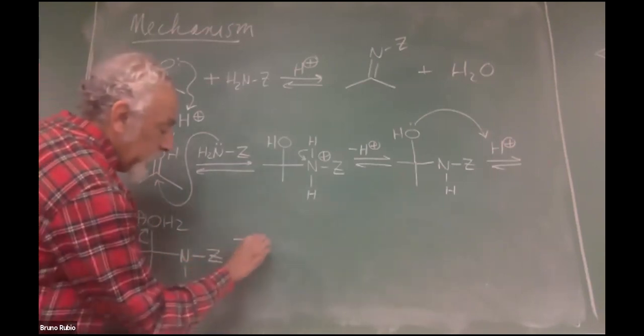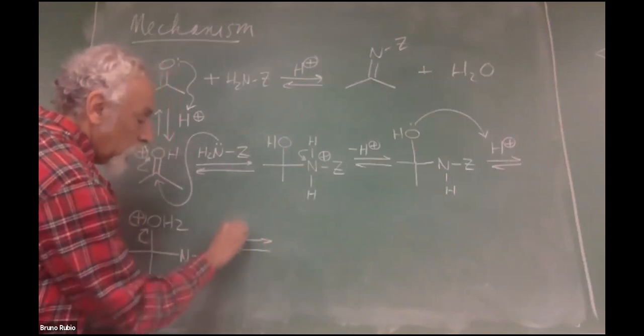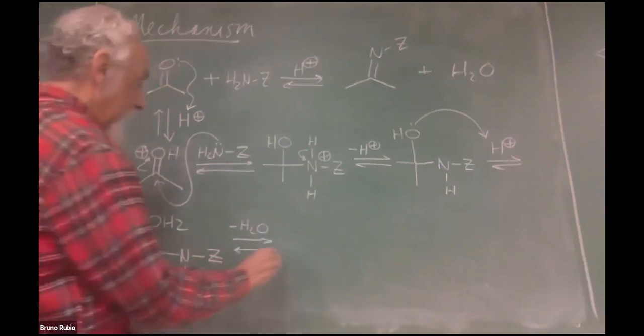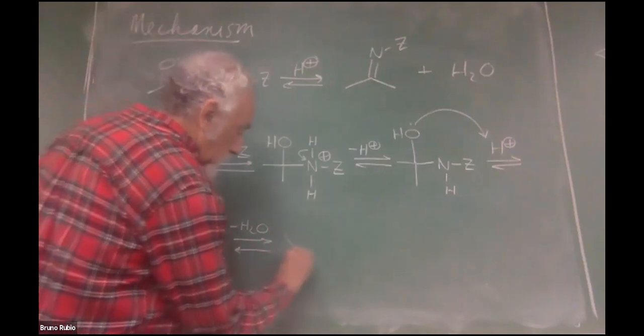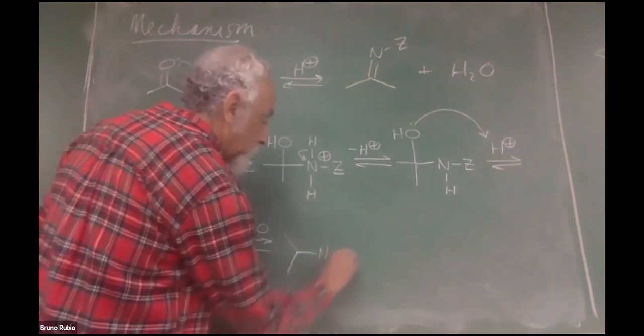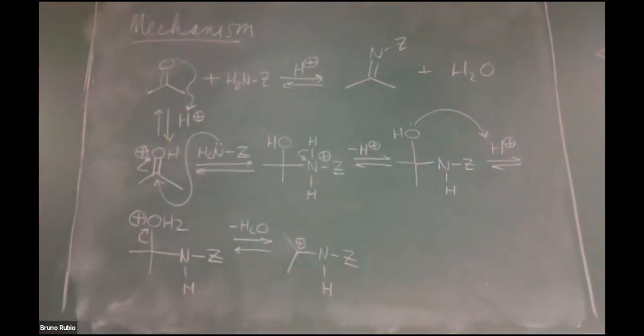So that explains the formation of water. And what's left behind is a carbocation intermediate, right? And we've seen stuff like this plenty of times when we were talking about acetals.